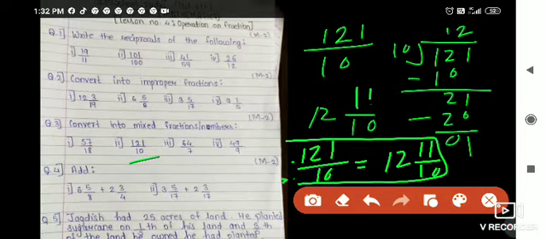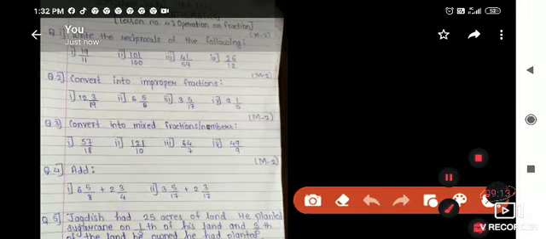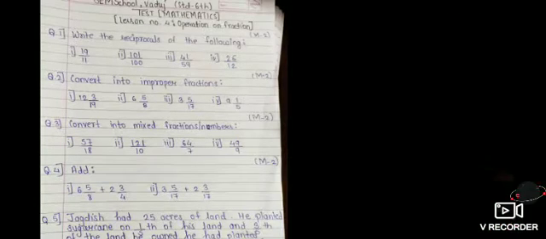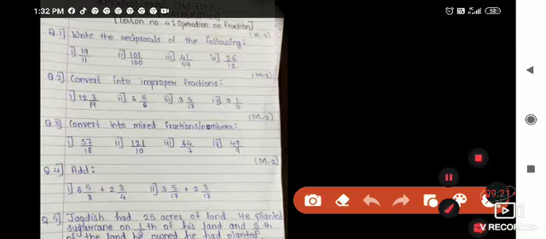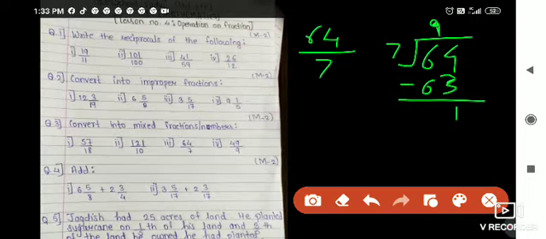Note down this. Next question is 64 upon 7. Divide 64 by 7. 7 nines are 63, and the remainder is 1.